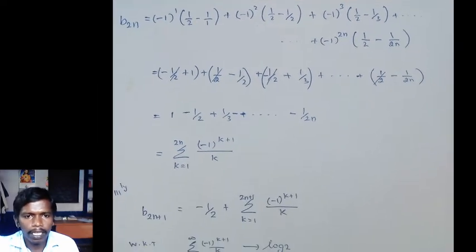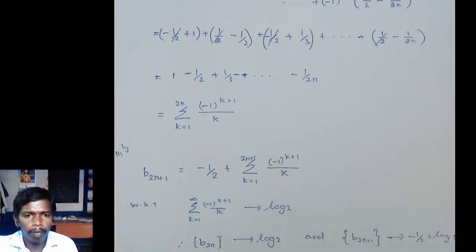Actually, this is nothing but the partial sum of the series summation k equal to 1 to infinity of (-1)^(k+1)/k. In a similar way, we can take the odd terms, that is b_1, b_3, b_5 and so on. In general, b_(2n+1) is equal to -1/2 plus summation k equal to 1 to 2n+1 of (-1)^(k+1)/k.